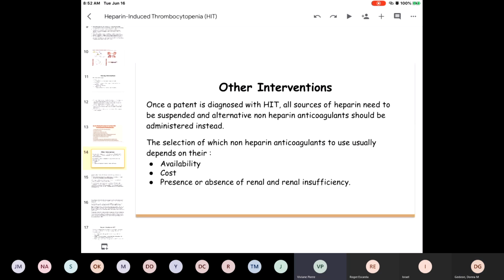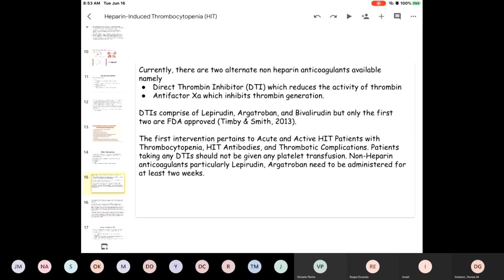Other interventions. Once a patient is diagnosed with HIT, all sources of heparin need to be suspended, and alternate, non-heparin anticoagulants should be administered instead. The selection of which non-heparin anticoagulant to use usually depends on availability, cost, and presence or absence of renal insufficiency.